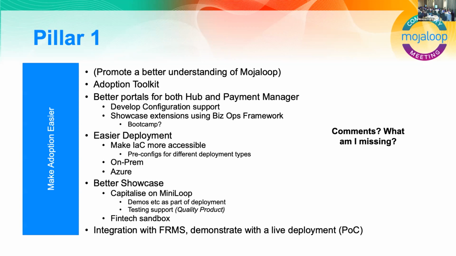One question. So I feel like there is almost a timeline underneath pillar one, because if you think of a traditional adoption cycle, right? First step is understand what is a platform. So for me, it comes with better showcase and perhaps within Mojaloop, it's demonstrating a few key scenarios.